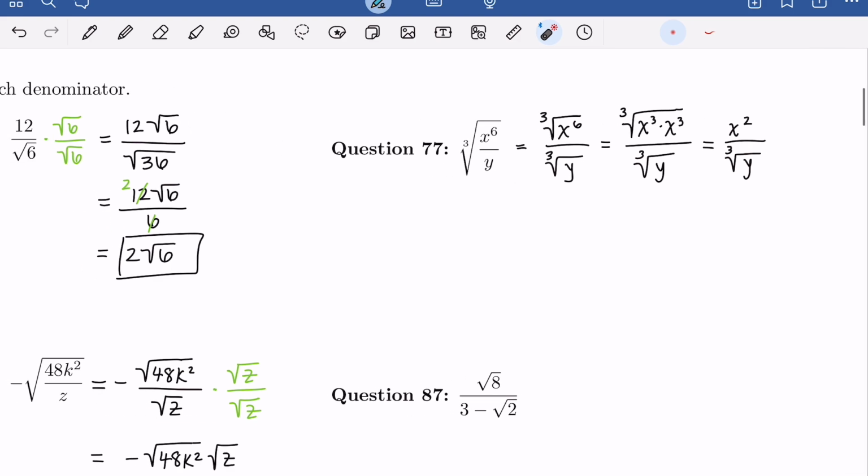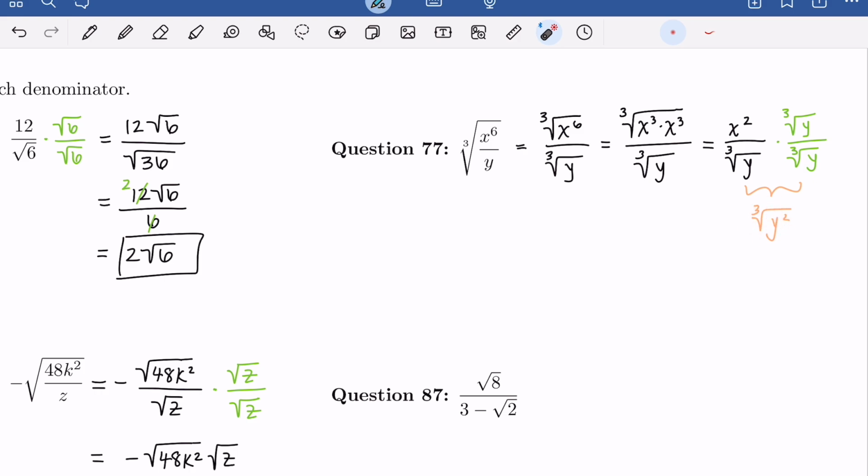Now, in this case, if we were to multiply this by the third root of y over the third root of y, when we multiply these two guys, we're just going to end up with the third root of y squared. And that wouldn't really help us. We wouldn't be able to simplify anything here.